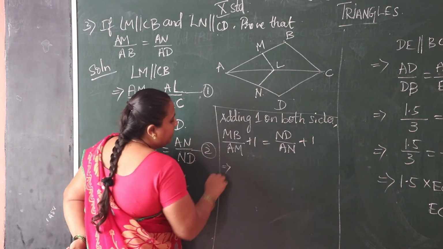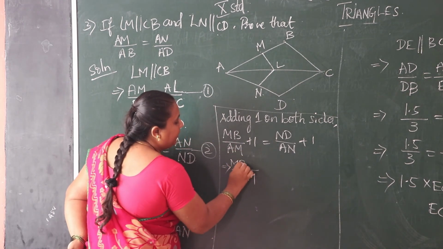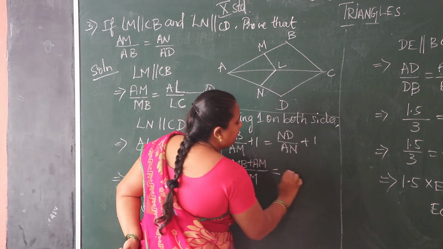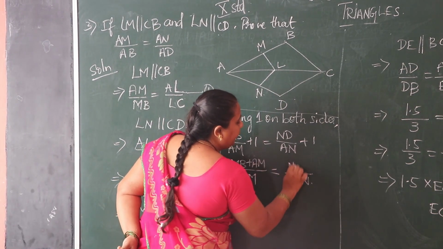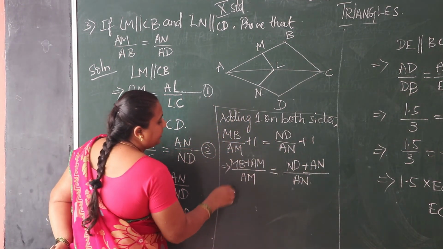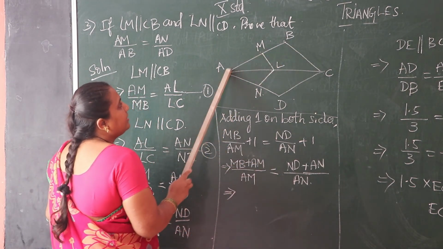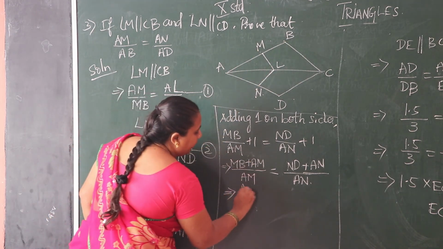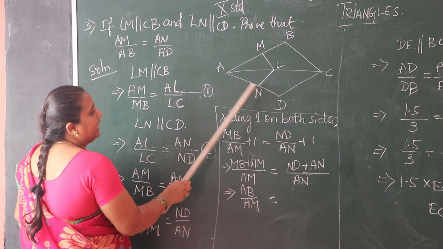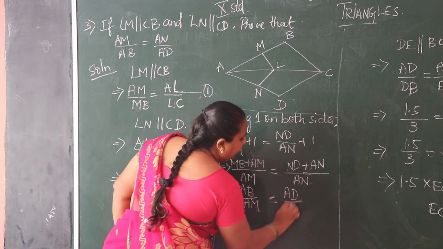Now we are taking the LCM: MB plus AM by AM equals ND plus AN by AN. Here MB plus AM we can write as AB, and ND plus AN we can write as AD. So AB by AM equals AD by AN.